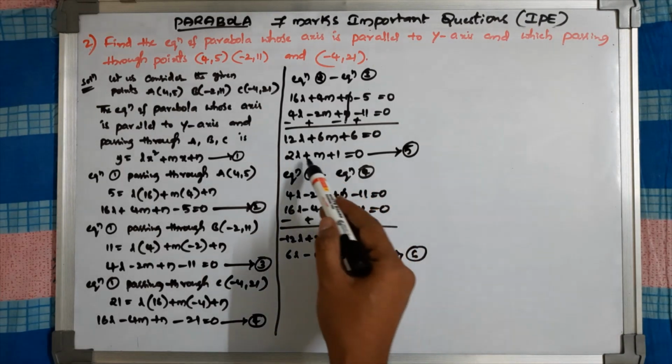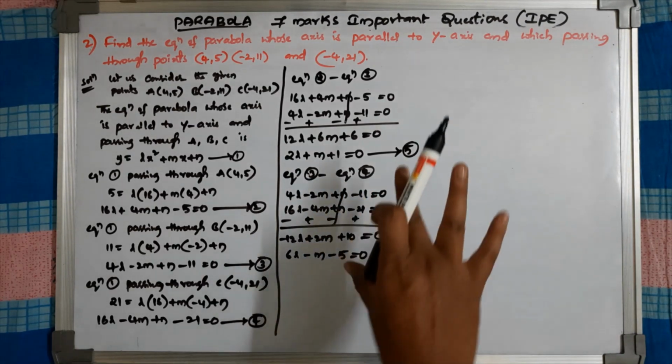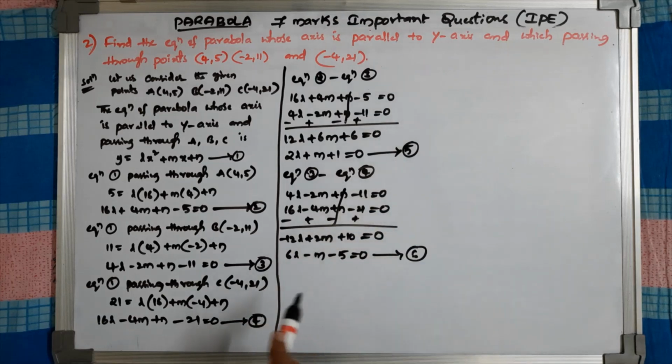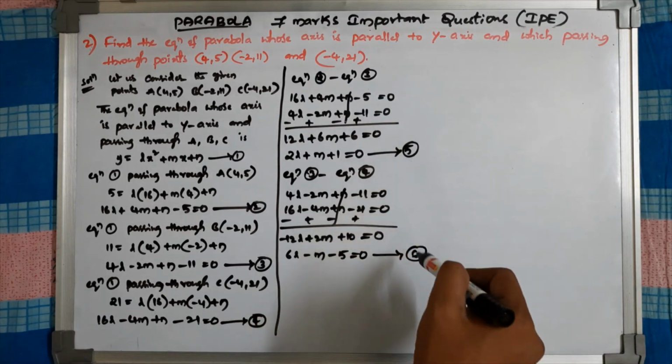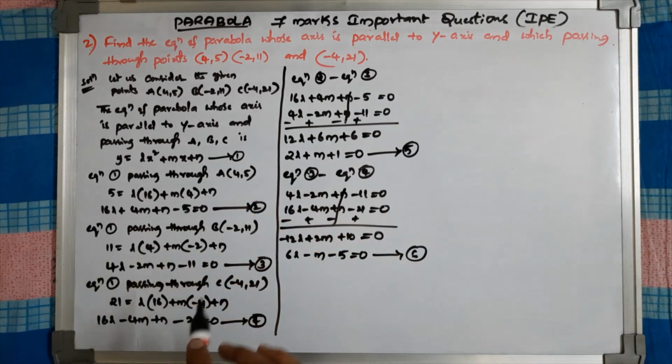Now these two equations are in terms of L and M, so when you solve 5 and 6 you get the L and M values.